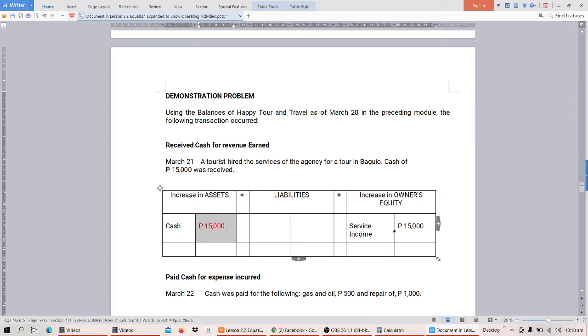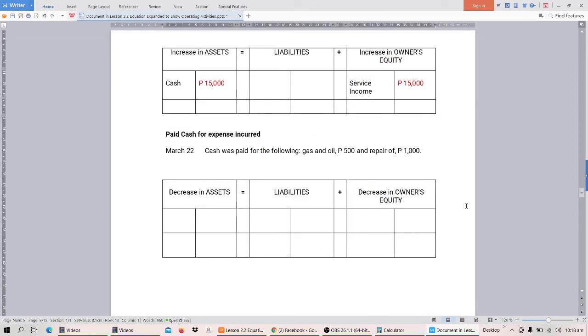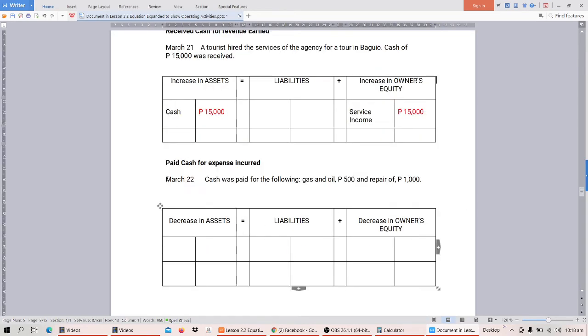By 15 in your owner's equity. Okay, so next one is March 22, cash was paid for the following. So you pay for the gas and oil, amounting to 500 pesos, and repair of 1,000 pesos.